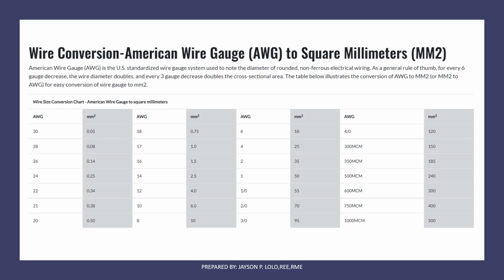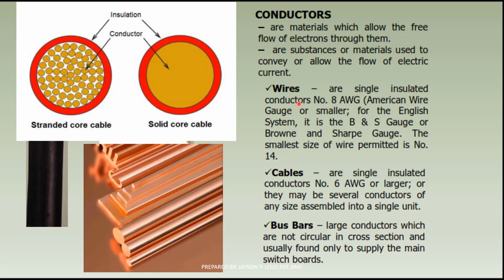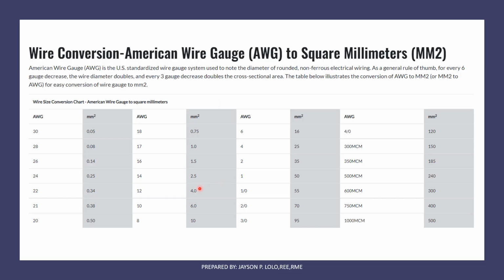Earlier we discussed the conductors number 8 AWG. So let's go to the table. AWG 8 has a wire size of 10 mm squared, so 8, 10, 12, 14, and 16 are wires.